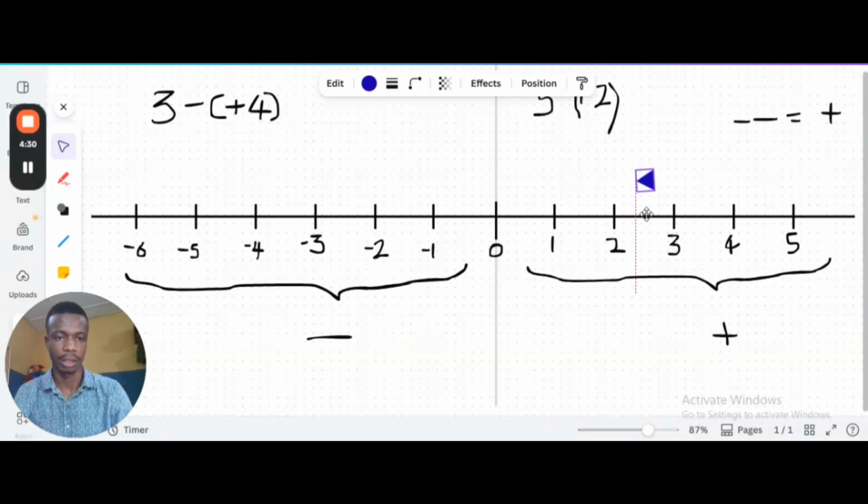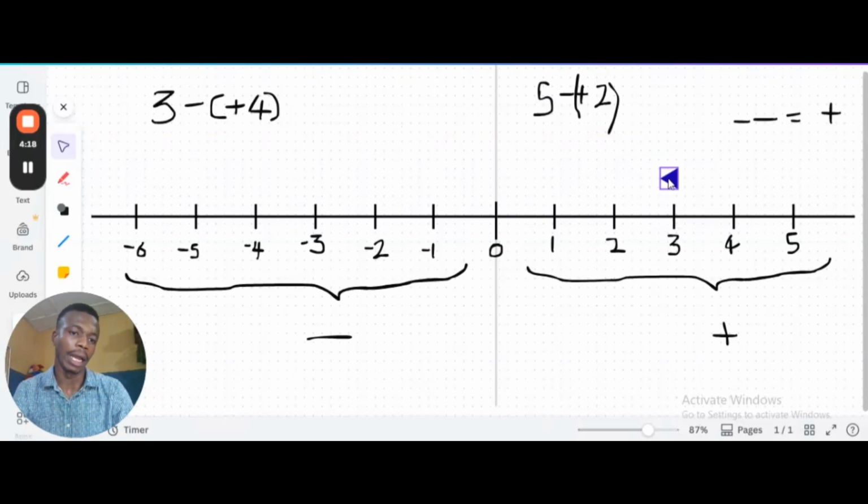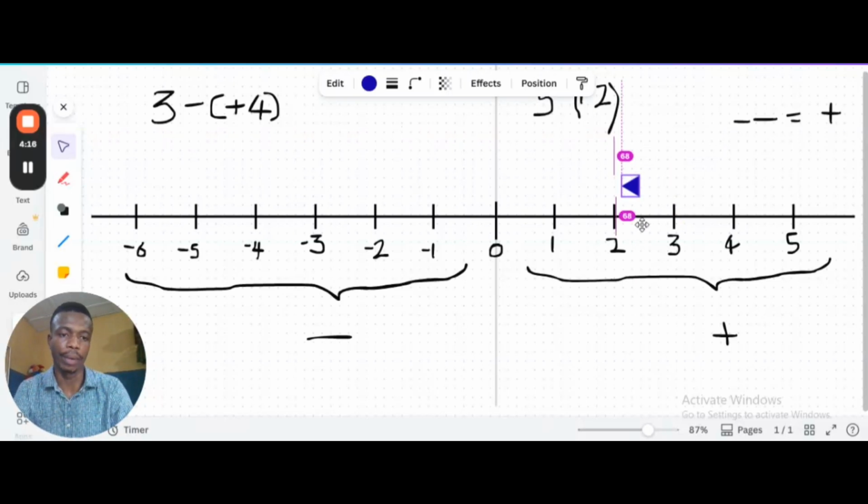Okay, 3 minus would mean 3 has to face the negative direction, and 3 is already facing the negative direction. Okay, now plus 4, this plus means 3 has to go forward. Now since 3 is facing here, forward would be this direction. If 3 were facing this positive direction, forward would be like this.